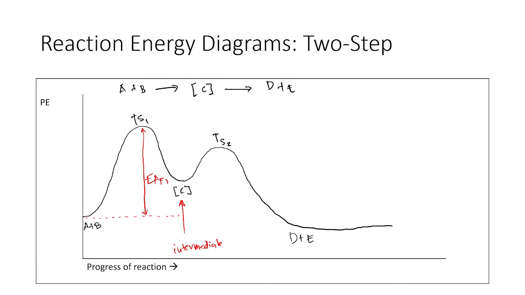Also, if we account for the energy level of C, we have here our first delta H, which as you can see here is positive. Meaning to say, the reaction from A plus B towards C is actually an exothermic reaction. So we have here that reaction towards our intermediate C.